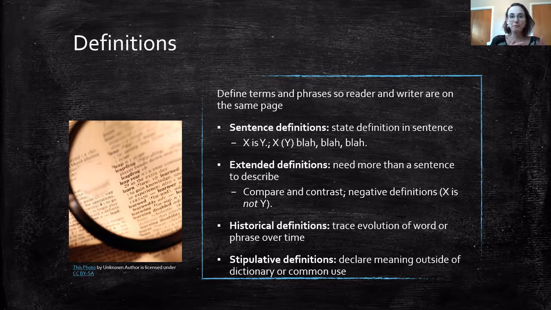What did it mean in 1900? And especially with some words that change their meaning over time, such as like awful, which at this point in time, we think it's something terrible. Whereas historically, if you go back far enough, it means full of awe. So it's a very different definition.